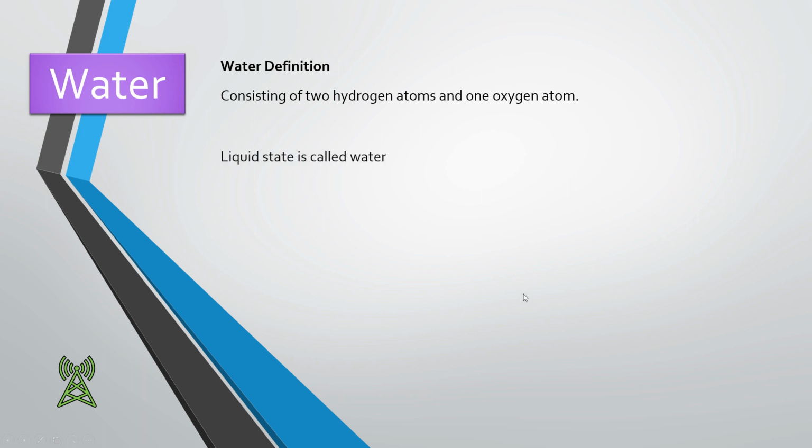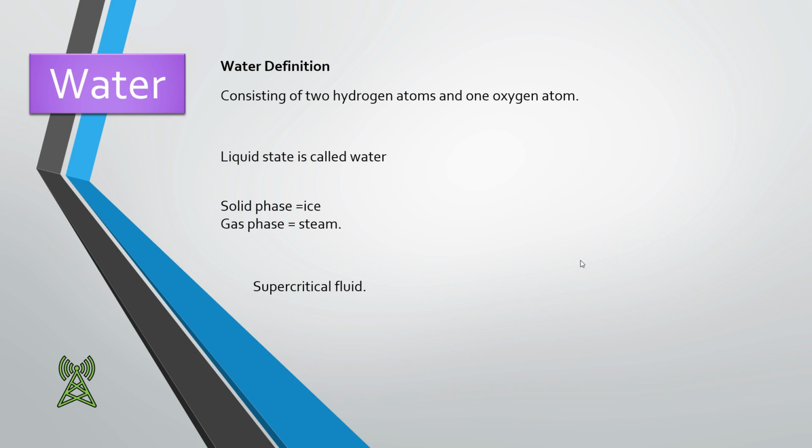And in liquid state, mostly the word water is used for its liquid state, and when it is in gaseous state it is called steam, and if it is solid then we call it ice. So three different terms we daily use: steam, ice, and water. And there is some other state also.